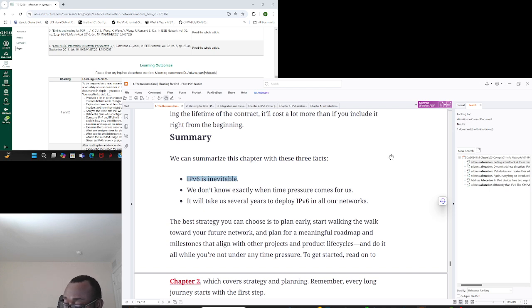And the fourth thing we talked about is time pressure. No business wants to know about the cost or the risk associated with time pressure. Time pressure is a scenario where you are not fully prepared for the evolution that is coming, and it hits you, bam, and you have to overhaul all your infrastructure.